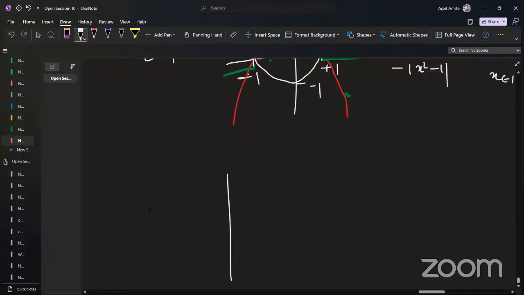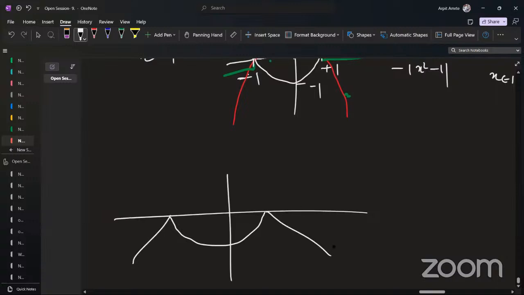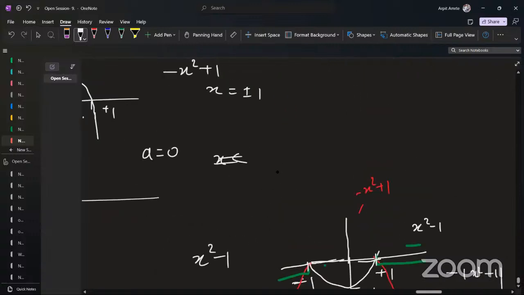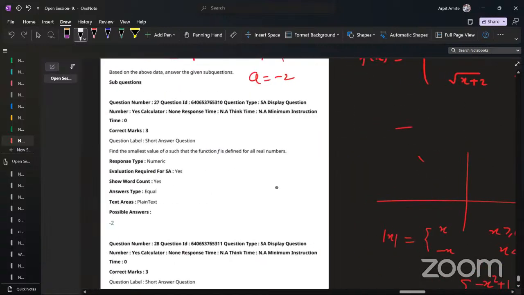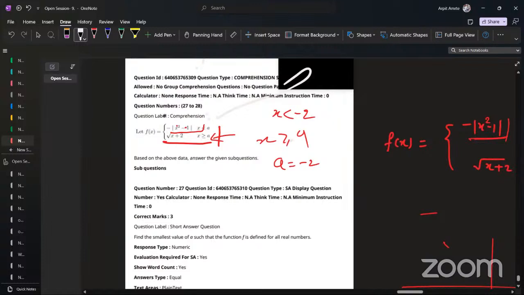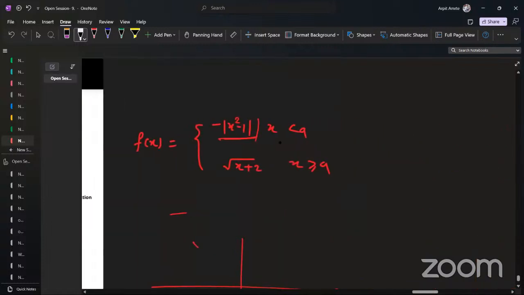So what is my graph? This is going like this. This will be like this. And this is going like this. Right? This is my graph. Now, if you closely observe this graph, in this initial function, for x less than a, it is defined this, right?